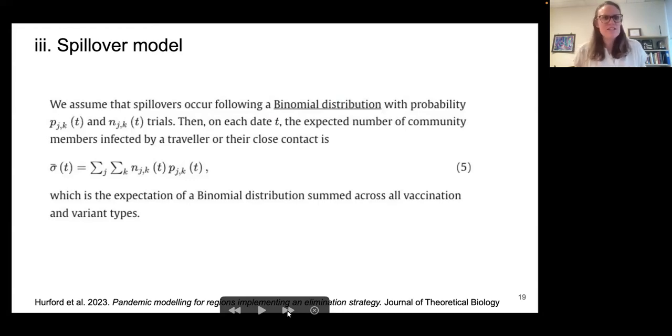So the idea for connecting travel-related cases to community cases here is just to consider this process to be binomially distributed. And so for the chance that you have a spillover, you can imagine that every travel-related case who's infected is a trial, and P is the probability of that trial being successful.